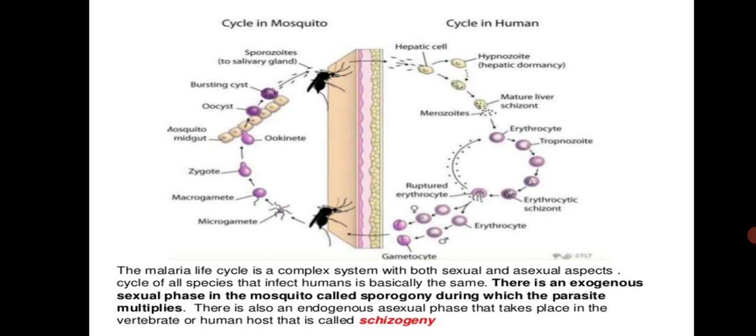Inside the hepatic cells these sporozoites become merozoites, and they grow and mature inside the liver cells. After becoming a mature liver schizont, it is released into the blood.